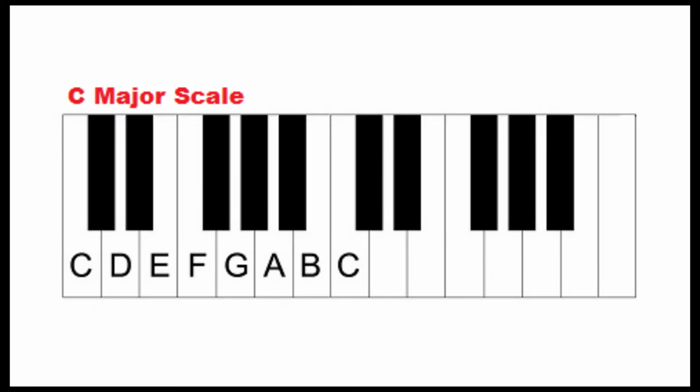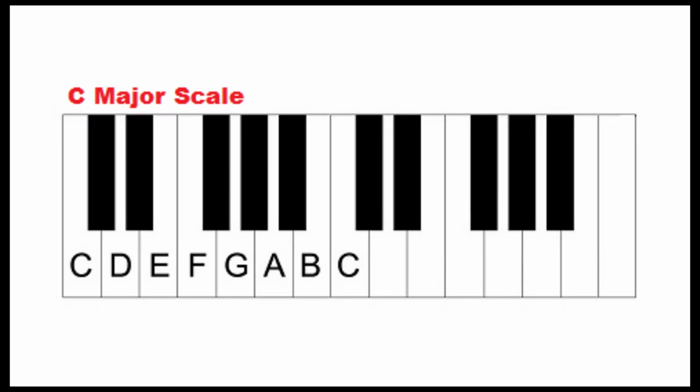Typically, the first scale one learns is the C major scale. Its notes are C, D, E, F, G, A, B, C. The last C in the scale is a repetition of the first C at a higher octave.